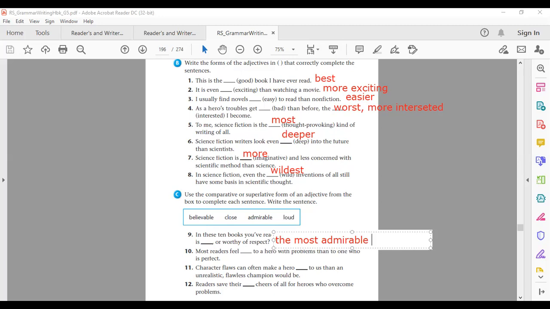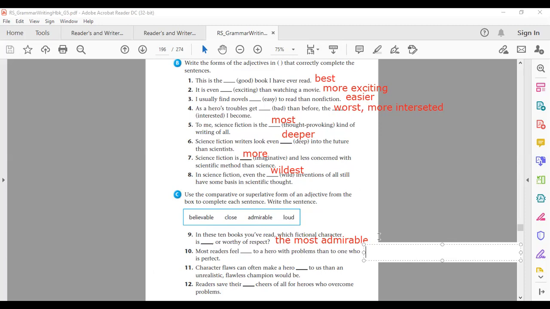Number 10, Maria. Most readers feel to a hero with problems than to one who is perfect. Believable? Not believable, something else. If you are reading a story and you find a hero that has problems but is not perfect, we feel more close to him, right?